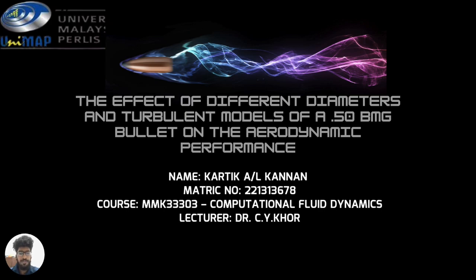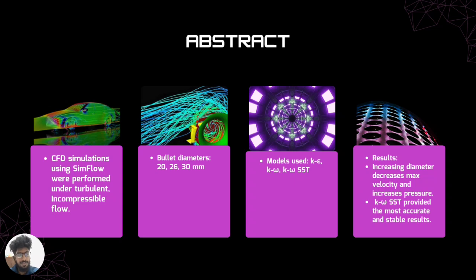Good morning, everyone. Today I will be presenting a computational fluid dynamics simulation on the 50 caliber BMG bullet to understand how different bullet diameter and turbulence model influence aerodynamic performance. For this analysis, CFD simulations were performed using SimFlow under turbulent and incompressible flow conditions.